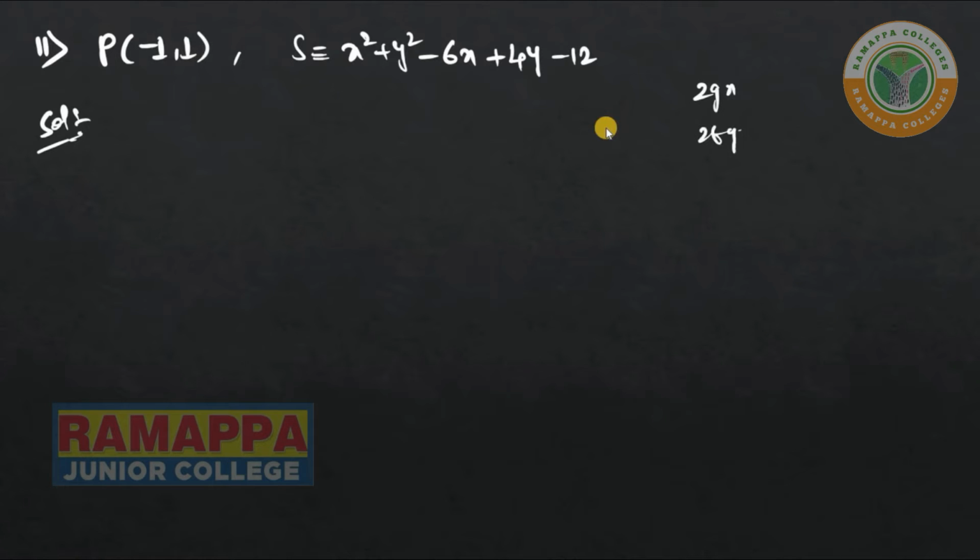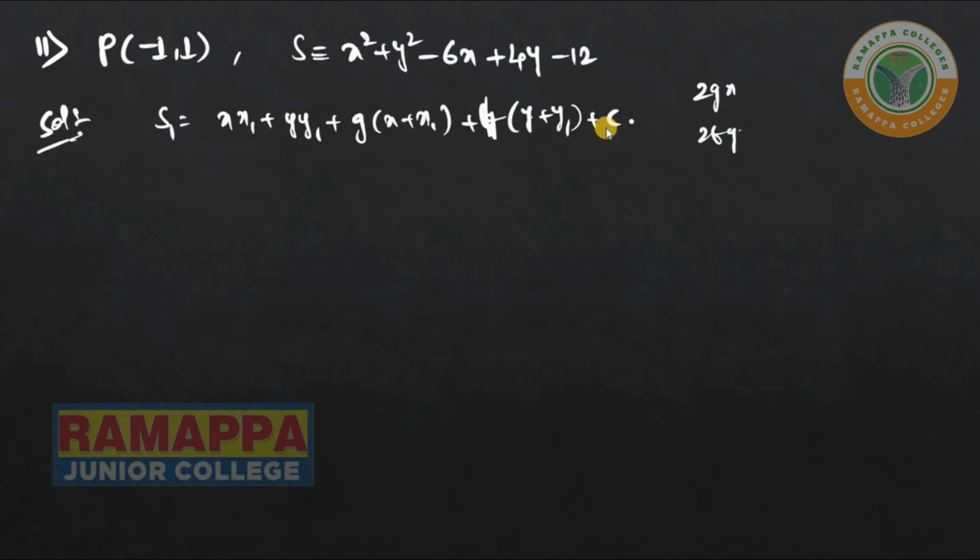The formula is S1 equals x·x1 plus y·y1 plus g(x plus x1) plus f(y plus y1) plus c equals 0. Now x·x1 is minus 1, plus y·y1 is 1, plus g, which we find here as minus 6.